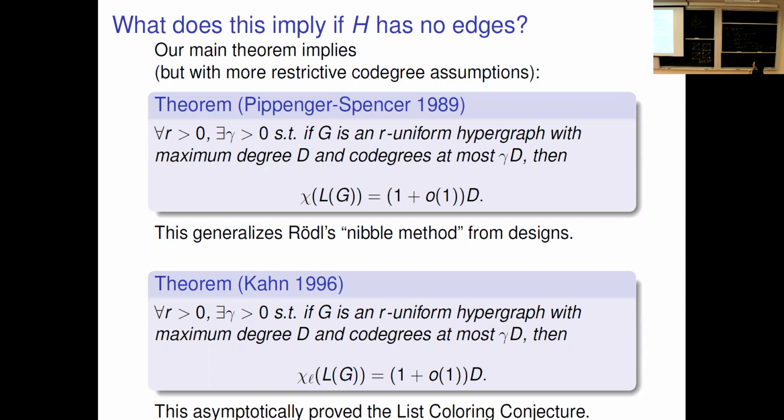The idea here is, in general, it's difficult to find a large matching in a hypergraph, even with very mild degree and codegree restrictions.